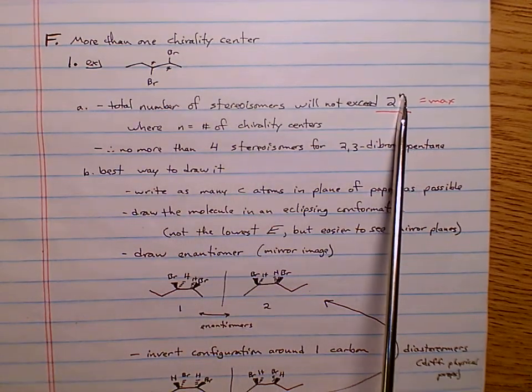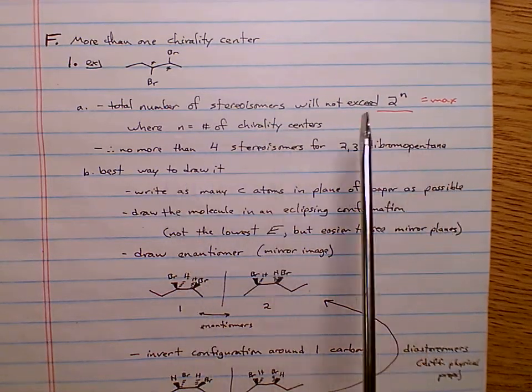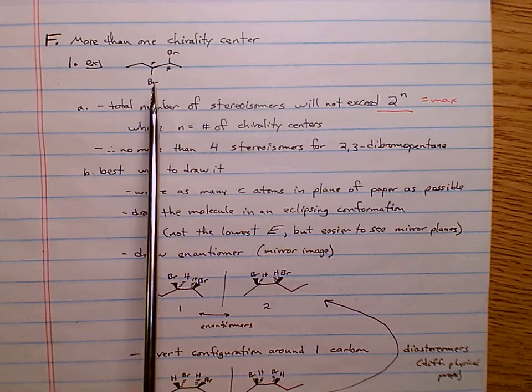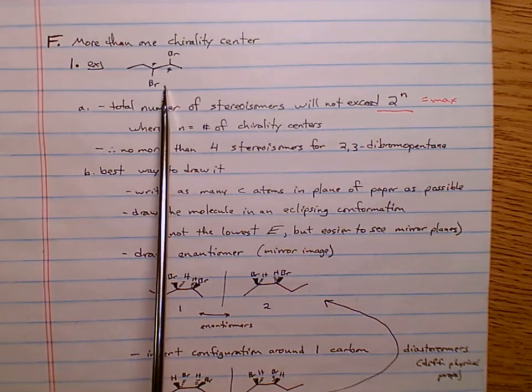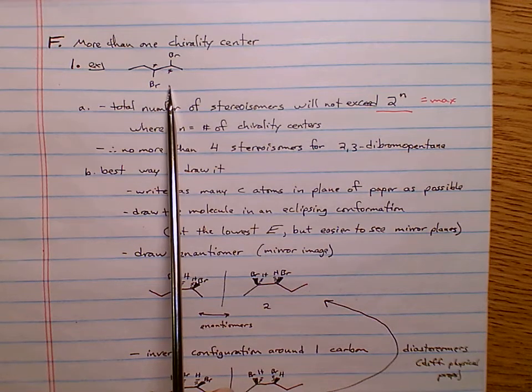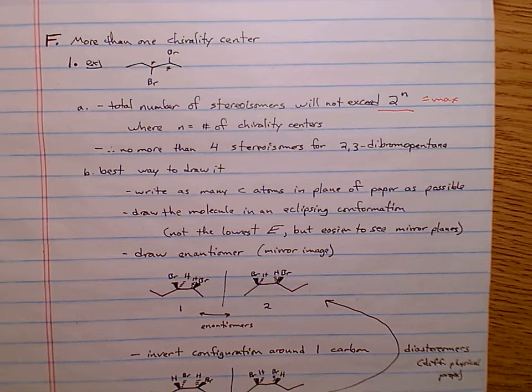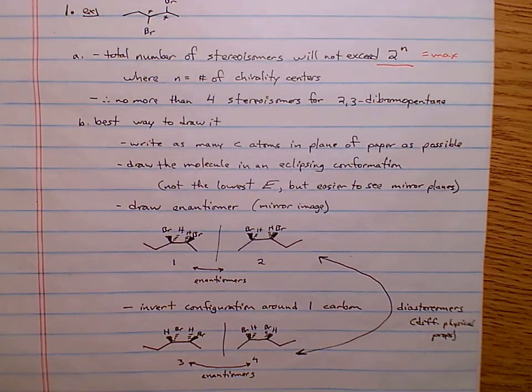Therefore, 2 to the n is going to be 2 squared, which is 4. So with this molecule, we would expect a maximum number of 4 stereoisomers. It's possible that we might have less than 4, but the maximum number we can have is 4. And we will show you how we might get less than 4.